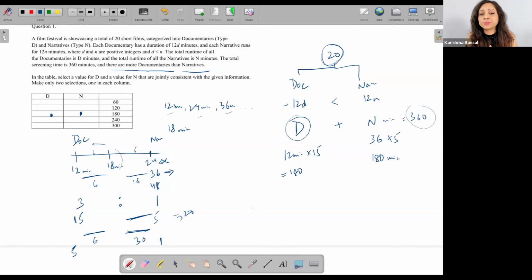Is that possible? Can I have 5 documentaries for every one narrative when I have a total number of 20 movies? I can't divide 20 into 5:1 when the numbers are all integers, right? A number of movies has to be an integer. So that is why then I know that this is not possible. Do you see the constraints that are available to us?